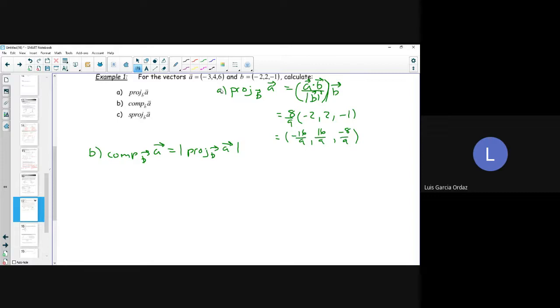So my component is going to be the magnitude of A dot product B divided by the magnitude of B. Can someone tell me what my component is going to be? 8 over 3.